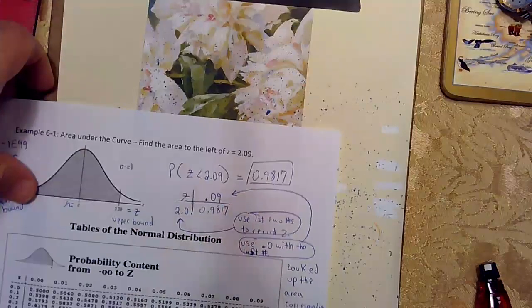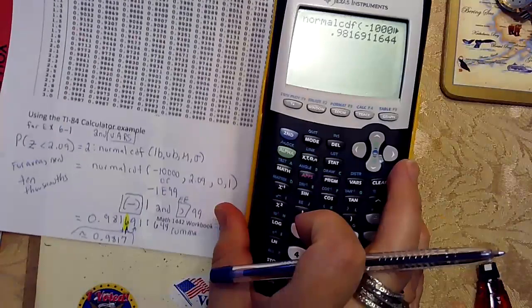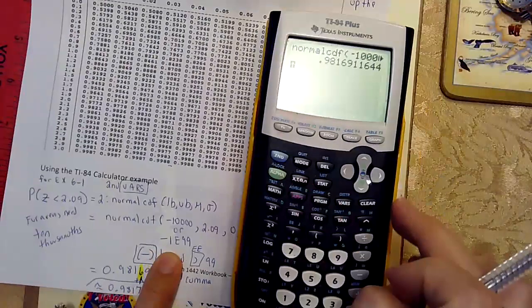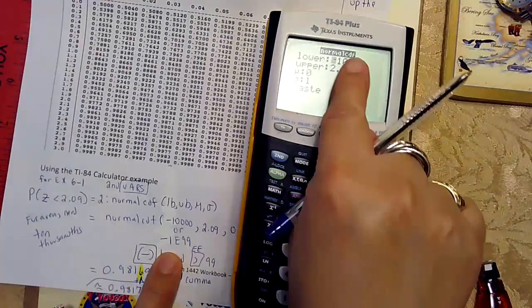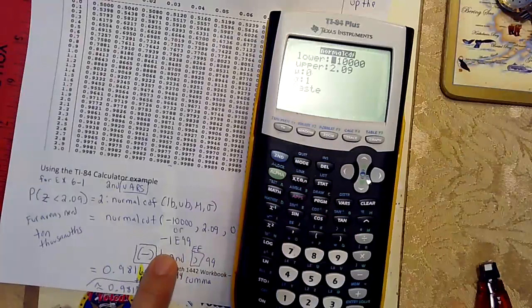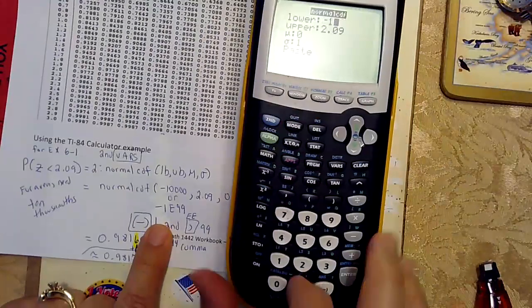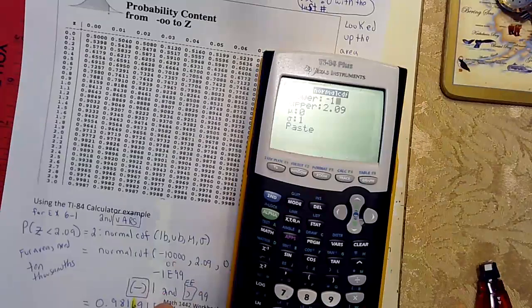Okay. Now, if you wanted to use the -1 E99, you do second vars. And if you wanted to hit 2 right now, you could hit 2 instead. And see, that takes you to that. And then you would do -1. So you have to hit the negative down here, -1. And then second, and then the comma. See right here, is comma.